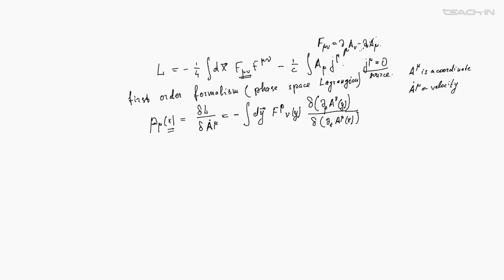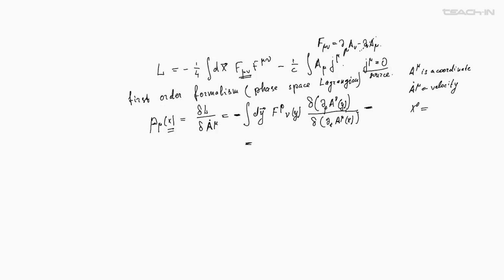And then, as you see here, there will be a delta function appearing, delta function of y minus x. And so you can perform an integration, and ρ must become t. And I remind that x^0, which is the first component, is ct. So there will be a factor of c appearing.